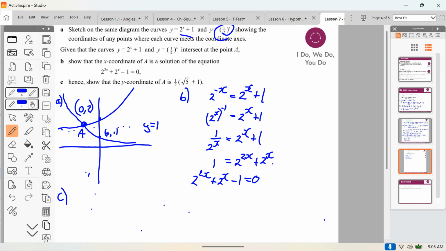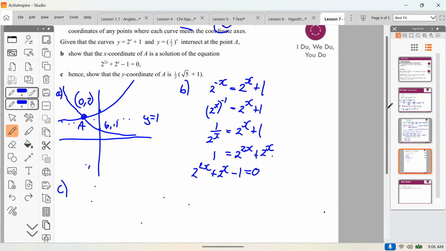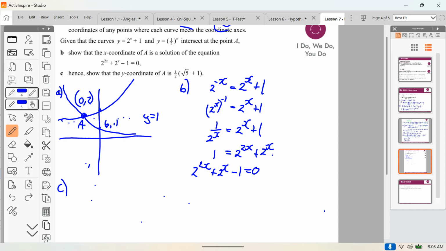Show that the y-coordinate is this. So here I might get a bit stuck. I'll have a bit of a jab at it. I'm just thinking through.